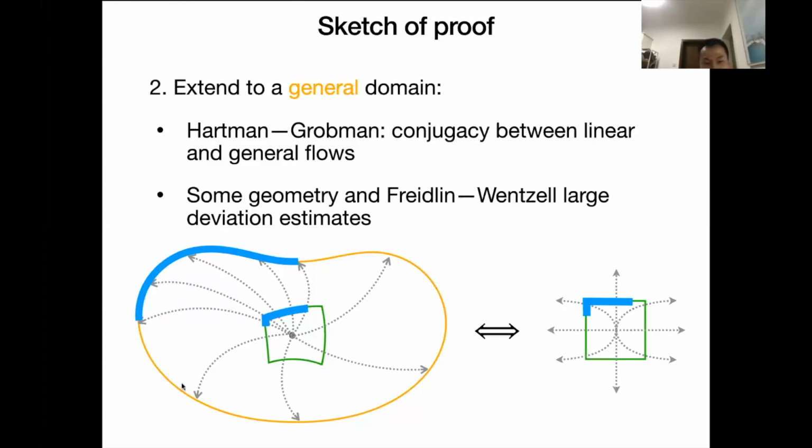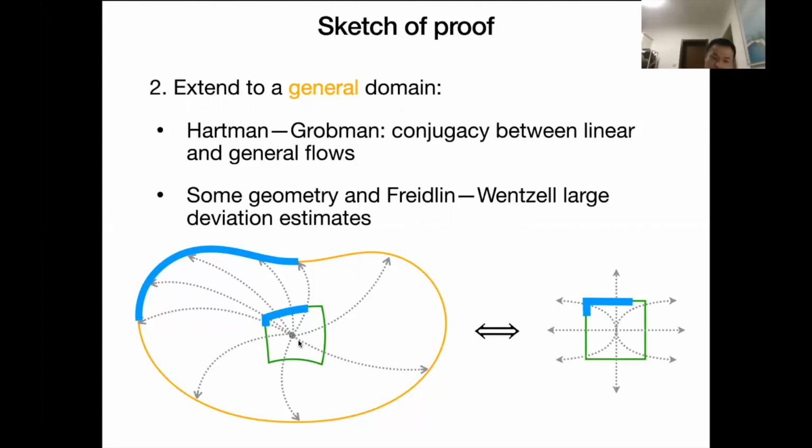For a general domain, we make a box small enough so that it's contained in the general domain. Then we use Freidlin-Wentzell large deviation estimates to relate the exit events happening on the general domain to those happening on the skewed box type set.